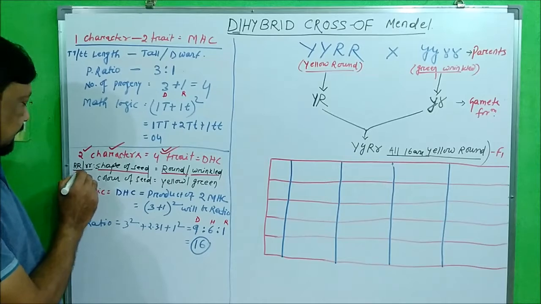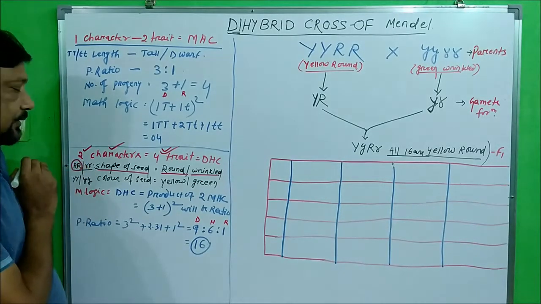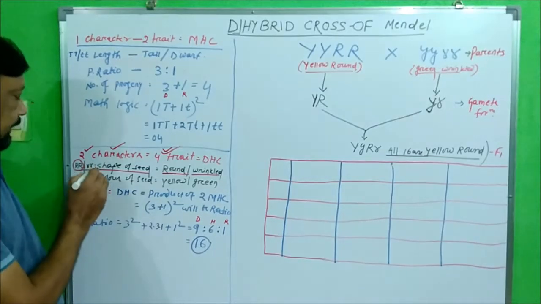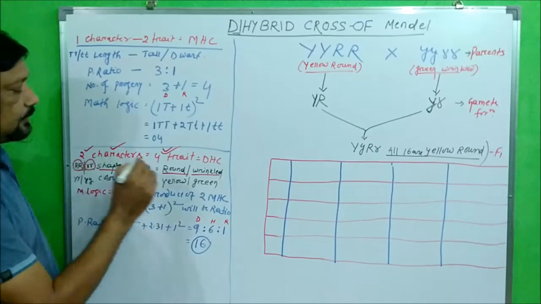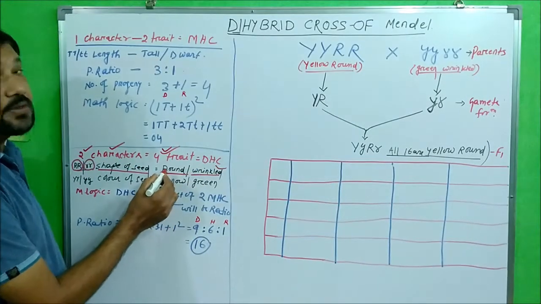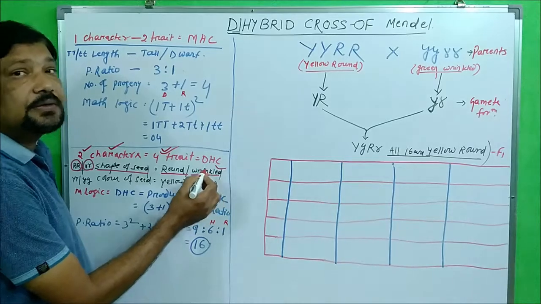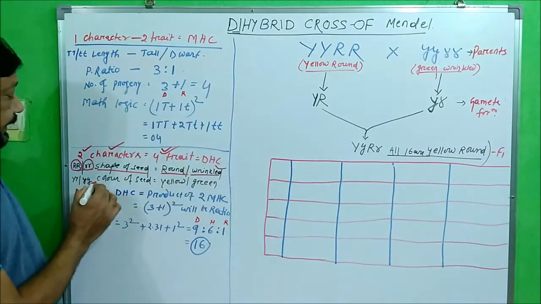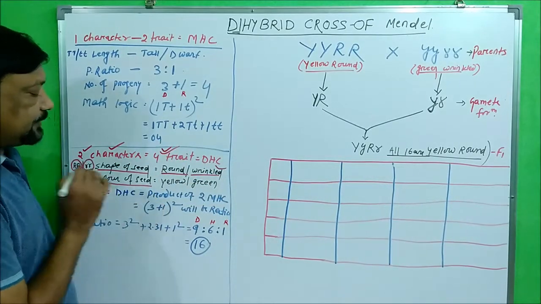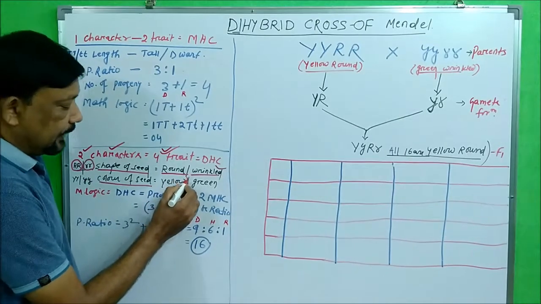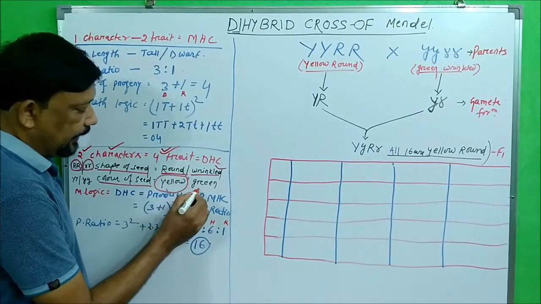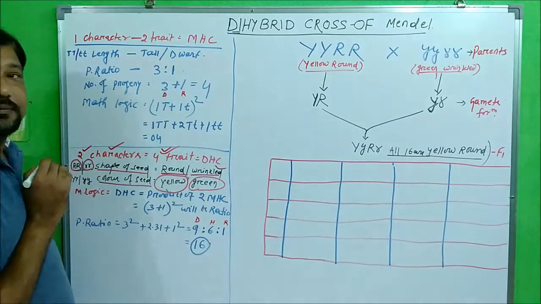And the symbols used are capital R pair for round and small r pair for wrinkled, as round is the dominant and wrinkled is recessive. Second character is color of the seed, where contrasting pairs are yellow and green.